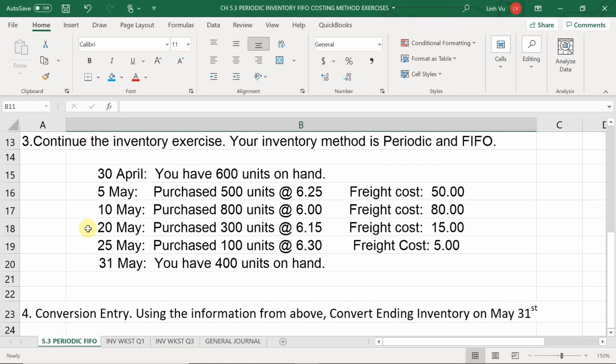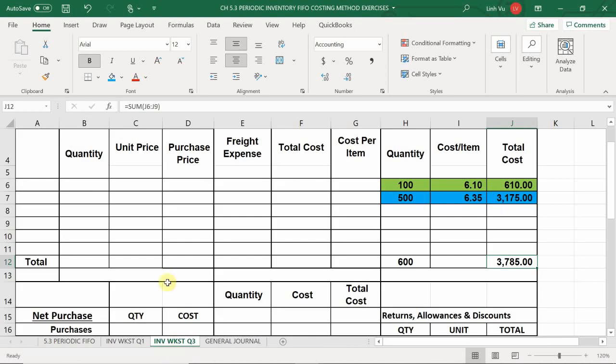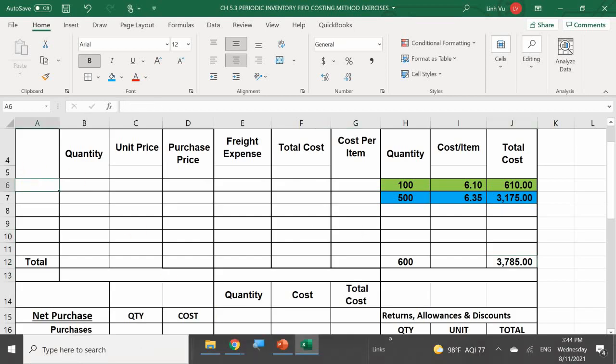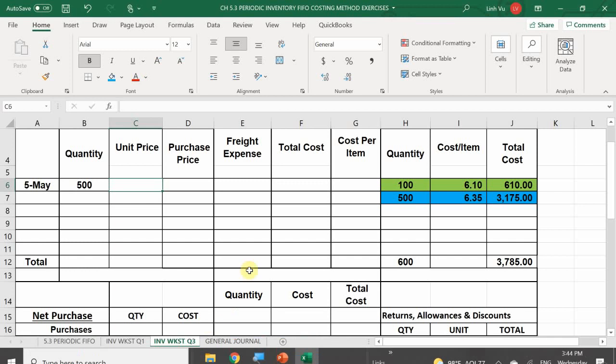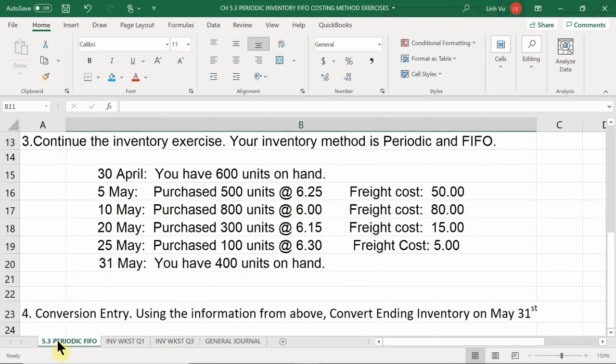So what's my purchase price going to be? $3,125. Good. I take my quantity, multiply it by my unit price of $6.25 each to give me a grand total of $3,125.